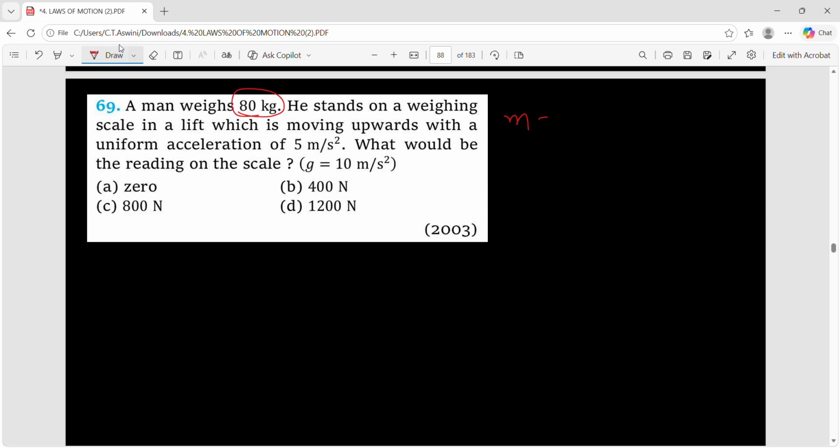One more problem. A man weighs 80 kg. So mass is given, 80 kg. He stands on a weighing scale in a lift which is moving upward. So the lift is moving upward now. And what is the acceleration of the lift? It is 5 meter per second square. What would be the reading on the scale? Reading on the scale. So reading is nothing but what again? Normal reaction. So the lift is moving upward.